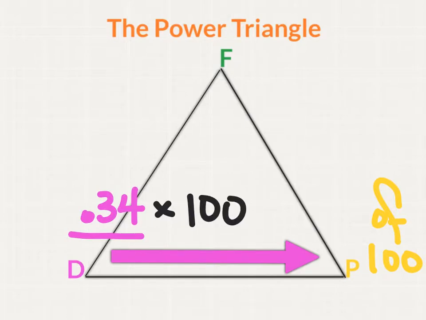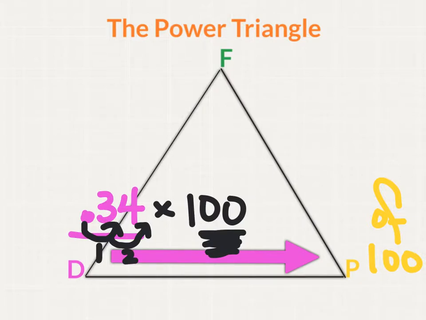Now, you may remember when we talked about powers of 10, we knew that multiplying by powers of 10 could be done by simply moving the decimal one time for each power of 10, or for each 0 in our power of 10. So for example, here I can multiply 0.34 or 34 hundredths by 100 by simply moving the decimal one time for each 0 in my power of 10.